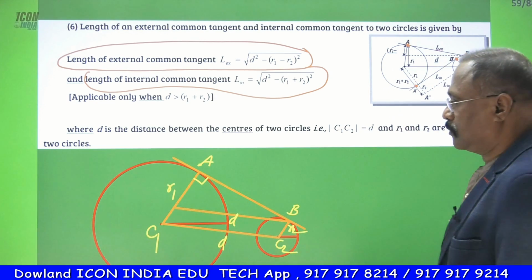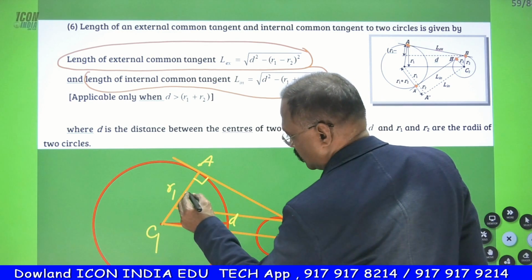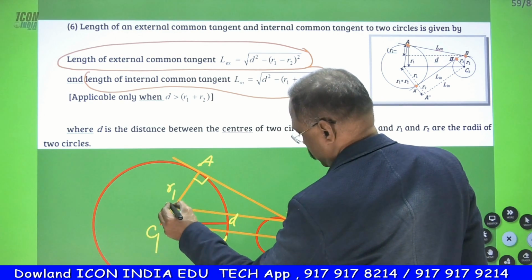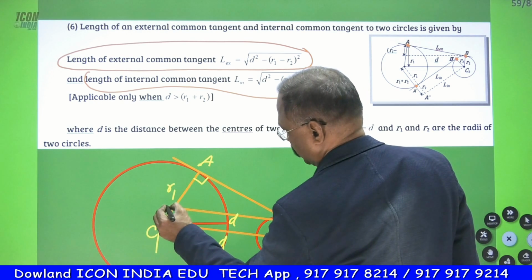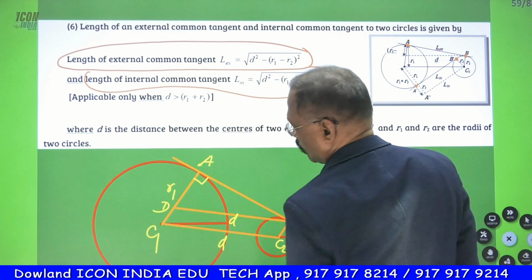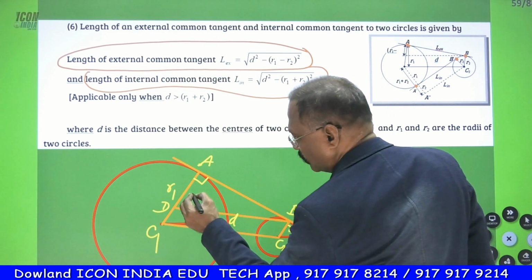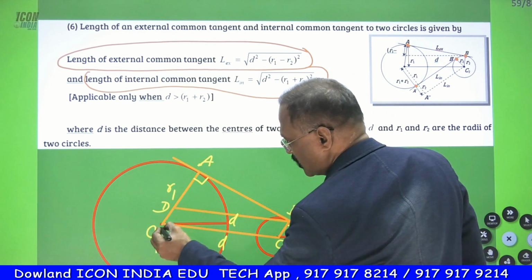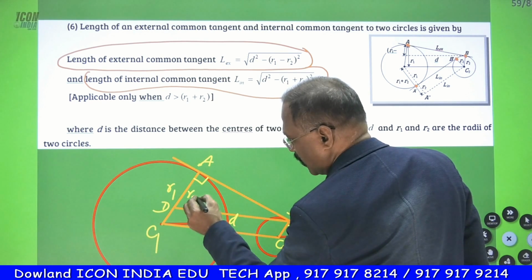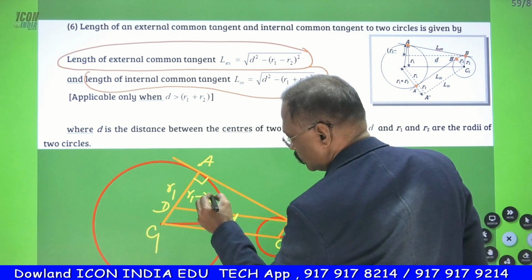So this is R1. Now what will be the length of this part here? The total length is R1, and the length of this part will be R1 minus R2.